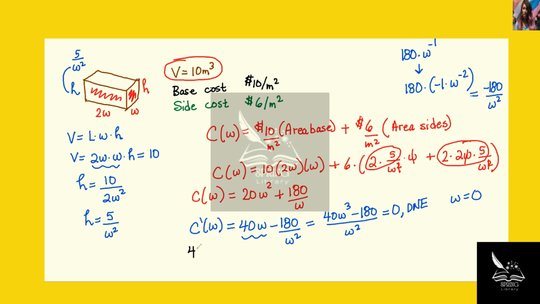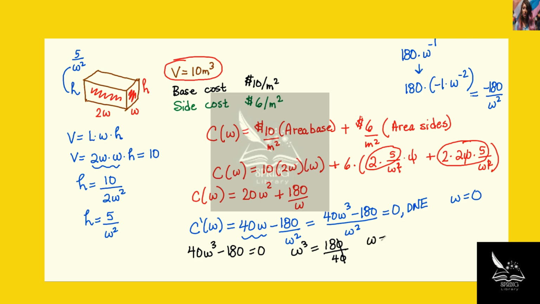So we're going to set the top equal to 0: 40W cubed minus 180 equals 0. If I solve for W cubed, I can do that by adding 180 to both sides and then dividing by 40. Can cancel the zeros because I divide both top and bottom by 10.